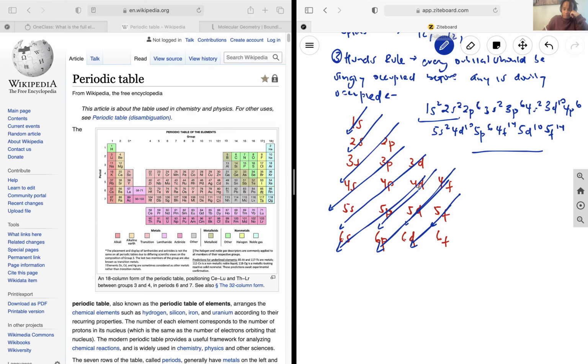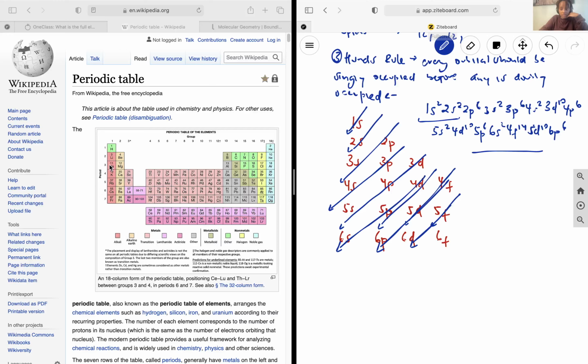And so we will have 5p6 indeed. And then 6s2, followed by the 4f14, 5d10, 6p6. Let's stop there because this would involve other things below it too.